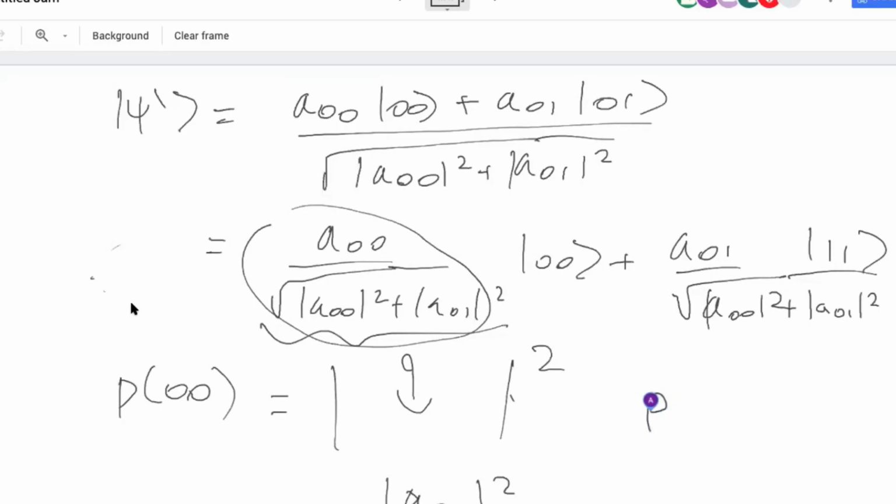And then P01 would be equal to A01 squared divided by A00 squared plus A01 squared. If you sum them, you can see that they add up to 1. So the probability of 0,0 is whatever proportion of amplitude you have on A00, and whatever proportion you have on 0,1 is the probability of 0,1. This denominator here is just a renormalization.